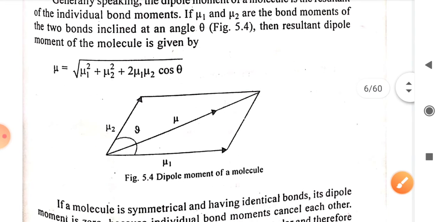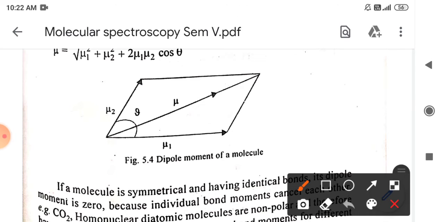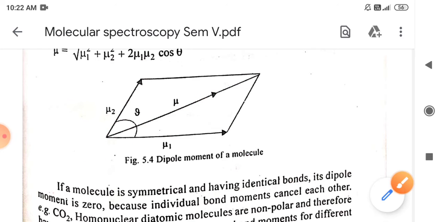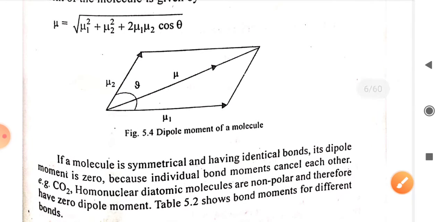Consider three atoms A, B and C, and suppose you want to find the resultant dipole moment of the molecule. We just need the bond moment of A-B, the bond moment of A-C, and the angle between the bonds, that is theta. If we know these three parameters, we can get the overall dipole moment of the molecule.